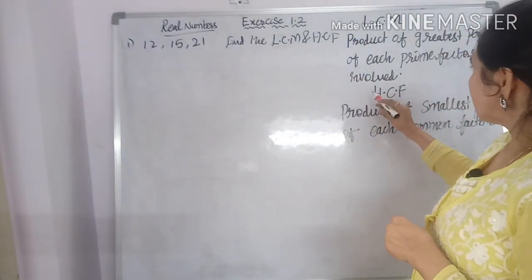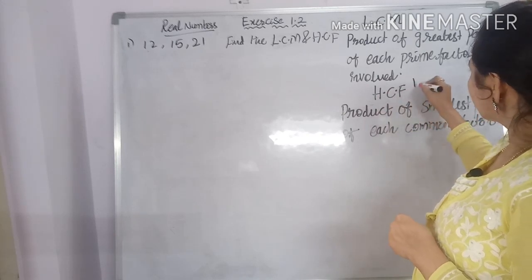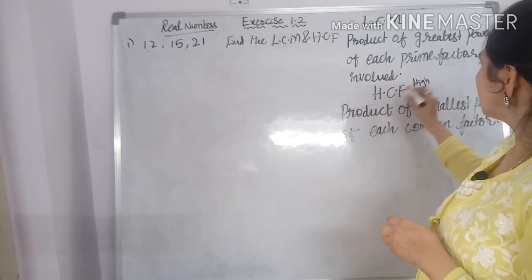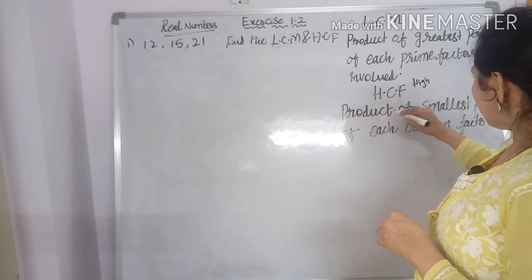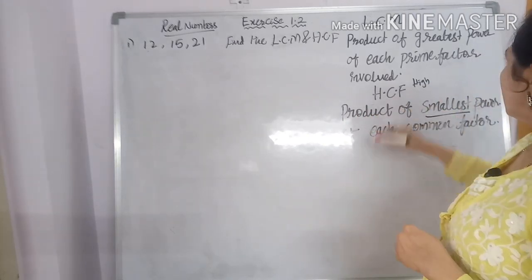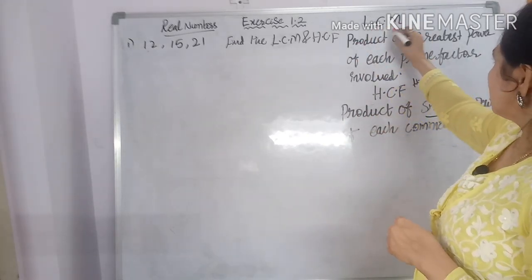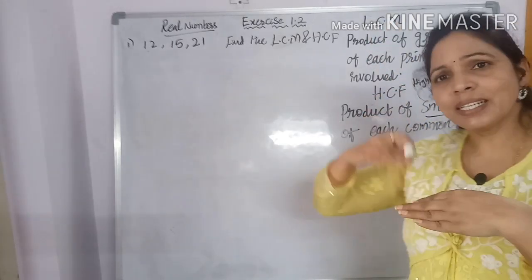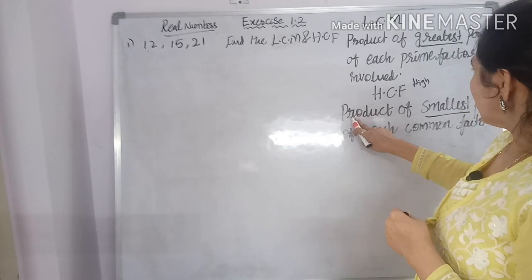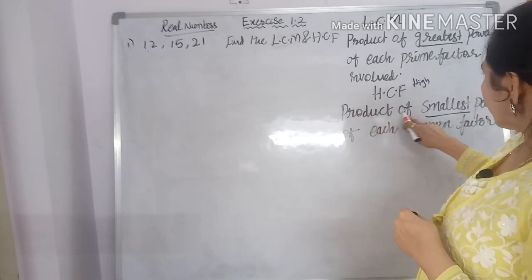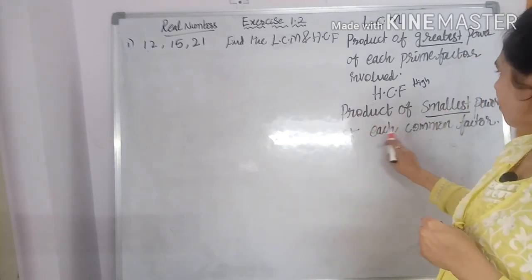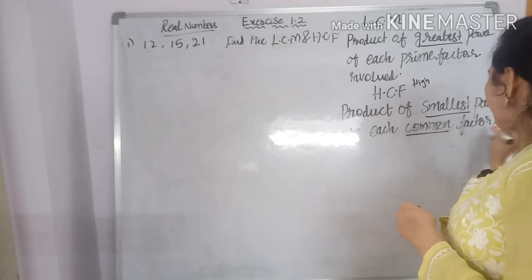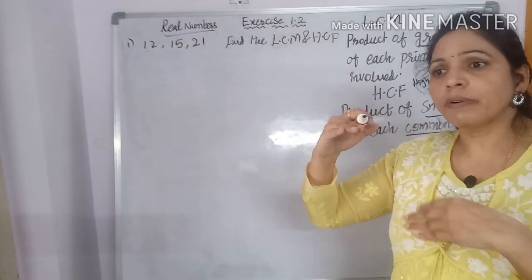So for highest, we should take the smallest power. For lowest, we should take greatest. Just reverse of it. Here, the product of smallest power of each common factor.